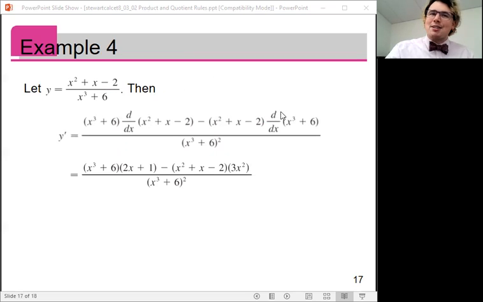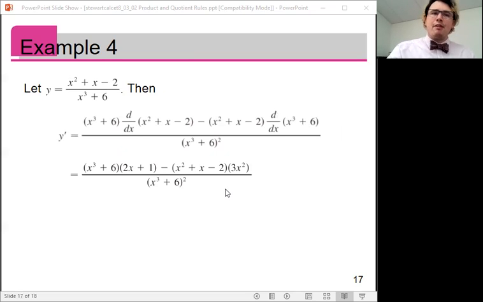The derivative of x cubed plus 6 is going to be 3x squared for the same reason. The derivative of x cubed is 3x squared. The derivative of 6 is 0. So the derivative of the quantity x cubed plus 6 is the derivative of x cubed plus the derivative of 6, and I just get 3x squared.